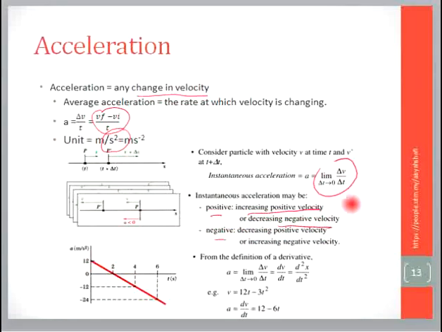For example, increasing positive v and decreasing negative v give positive acceleration, but decreasing positive v and increasing negative v do not.